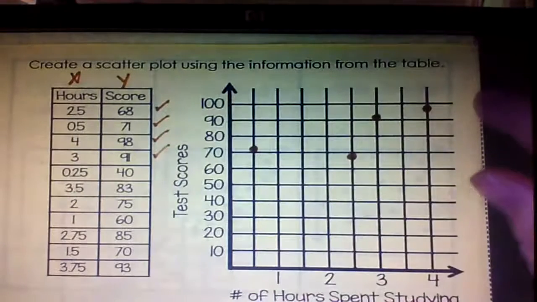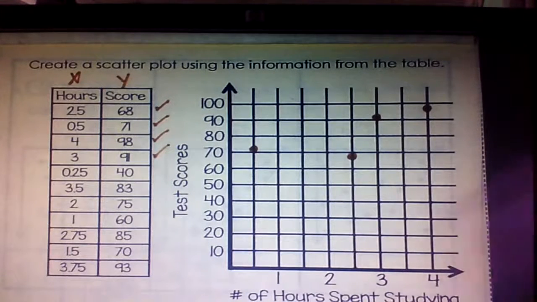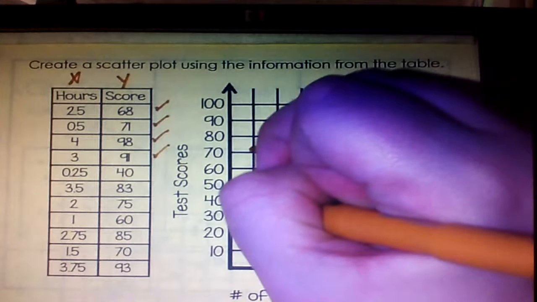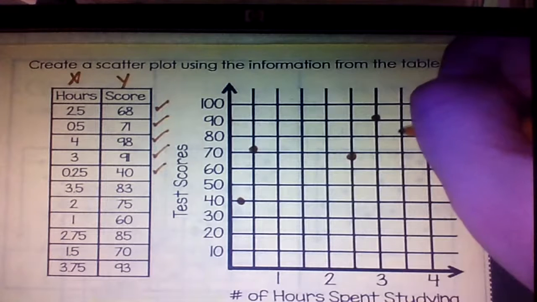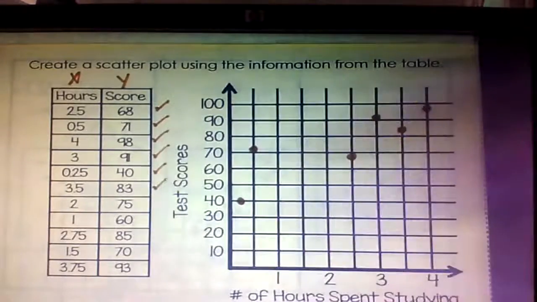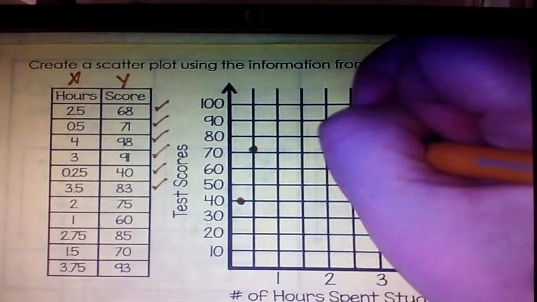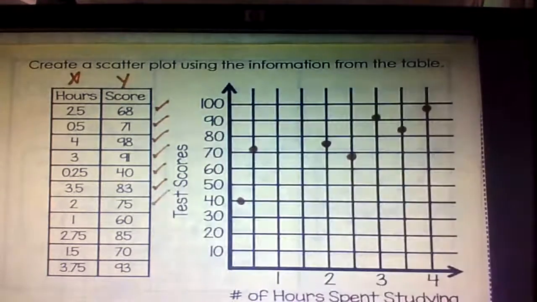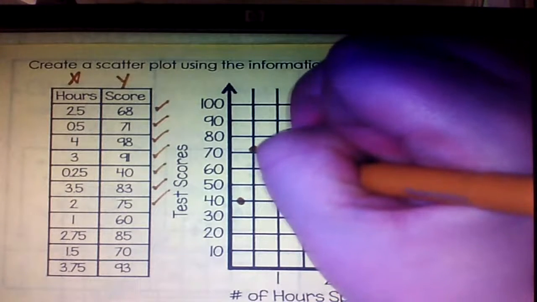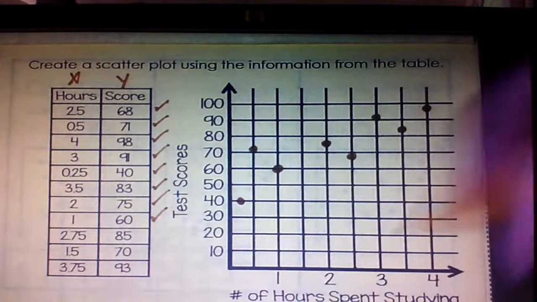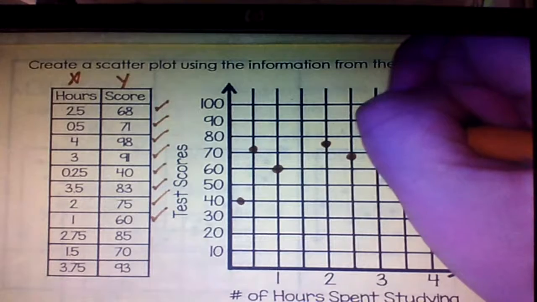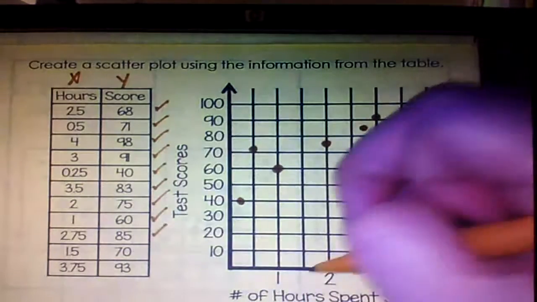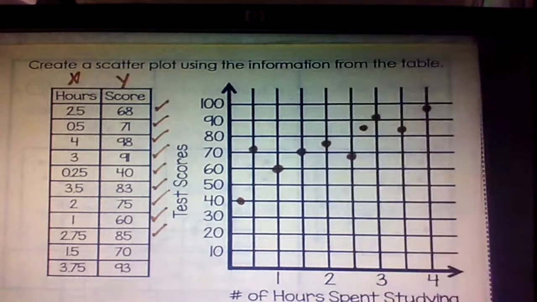Notice I like to check mine off as I go so I make sure I don't miss any. 0.25 and 40. 3.5 and 83. 2 and 75. 1 and 60. 2.75 and 85. 1.5 and 70. 3.75 and 93.